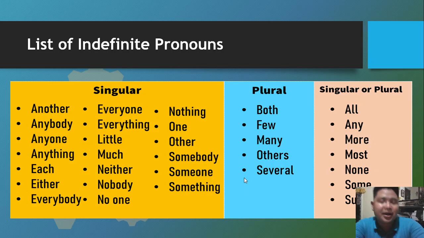So singular indefinite pronouns: another, anybody, anyone, anything, each, either, everybody, everyone, everything, little, much, neither, nobody, no one, nothing, one, other, somebody, someone, and something. Okay, for plural indefinite pronouns, we have both, few, many, others, and several.